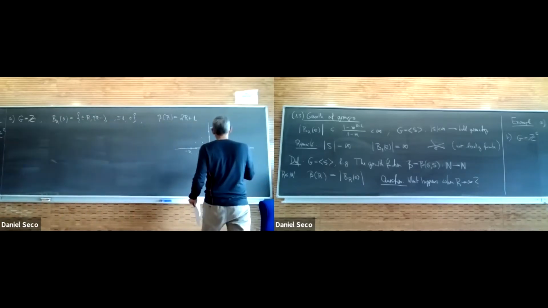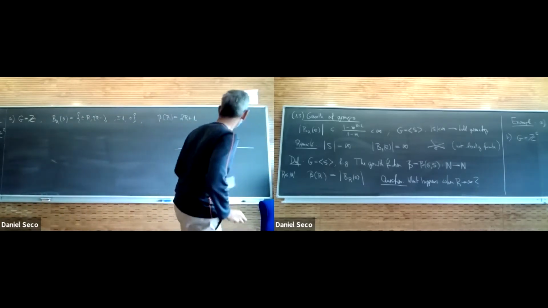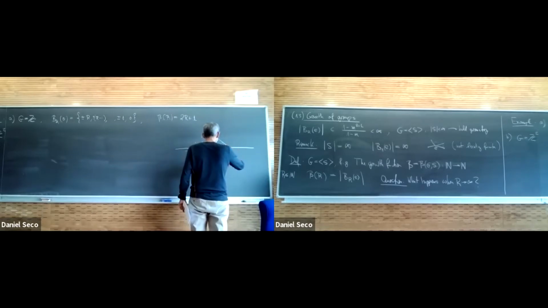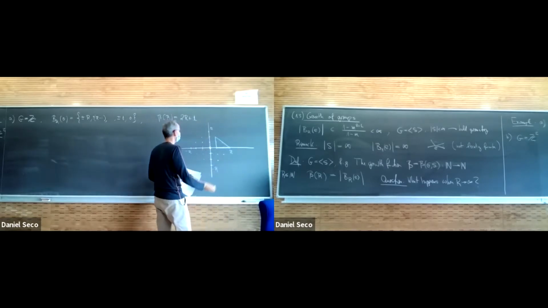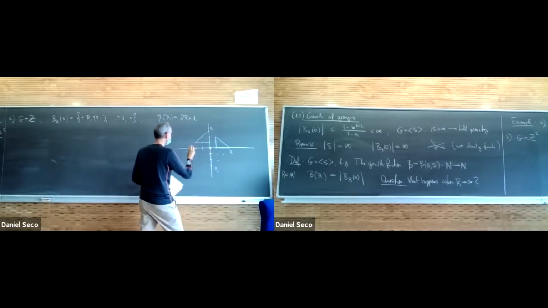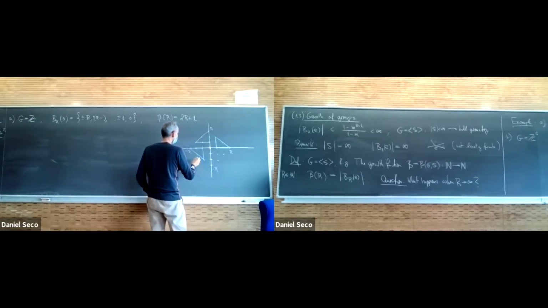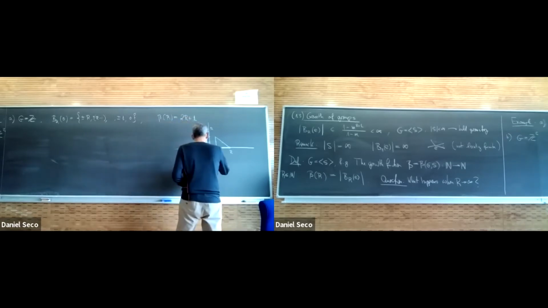And I can sum in this way. So I can consider this wing here. I can consider this wing here. It's like a windmill. Okay, I can consider this and this one.